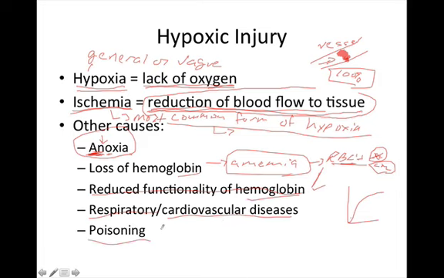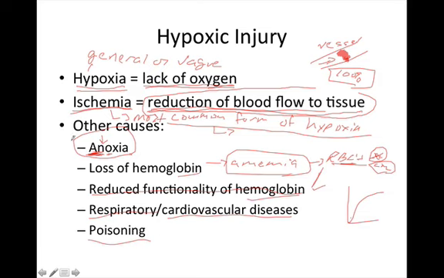Poisoning, like cyanide poisoning, basically reduces mitochondria's ability to take in oxygen and utilize it to make ATP, which causes people to get a very red, cherry red appearance, like you can see it in their face very easily. And obviously if the mitochondria are rapidly deprived of oxygen and can't make ATP, the cells are also going to rapidly die.